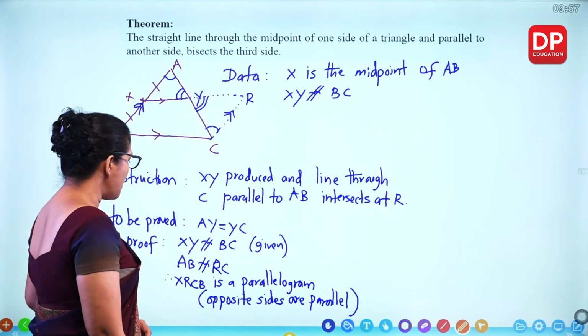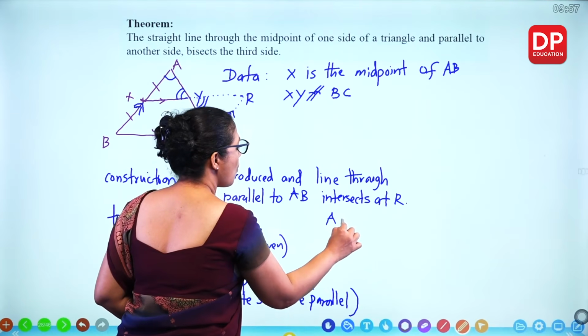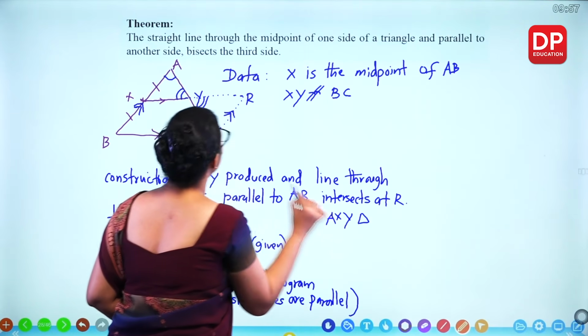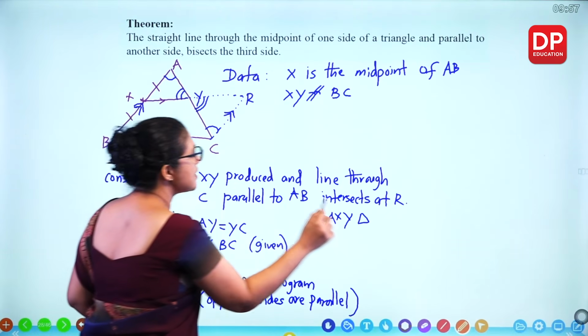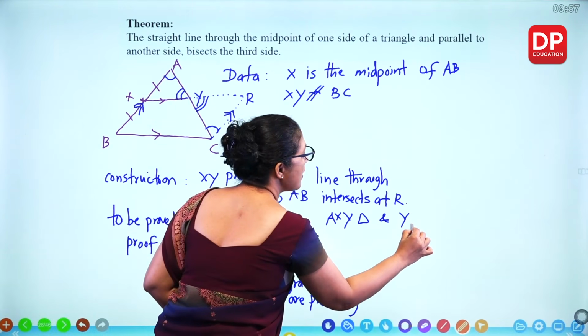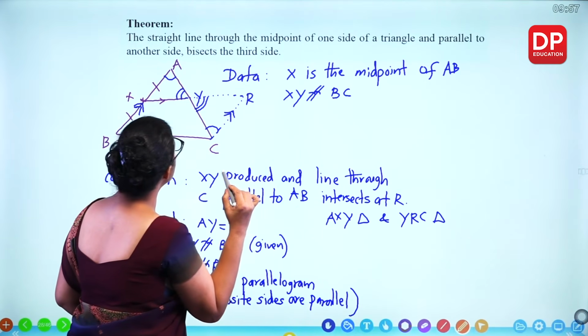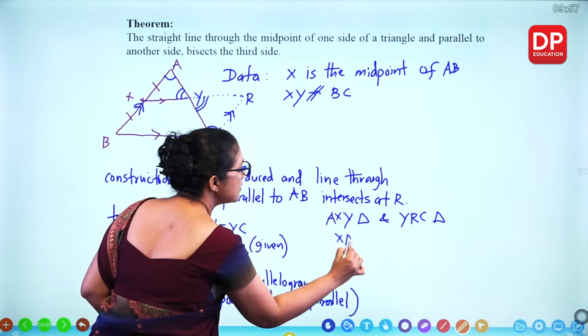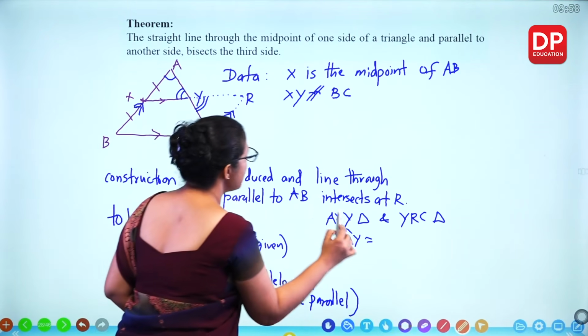So we'll write, when you take AXY triangle and YRC triangle, XAY angle is equal to YCR angle.